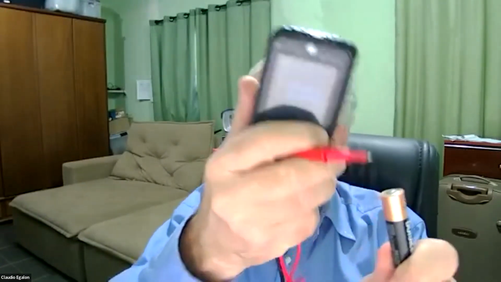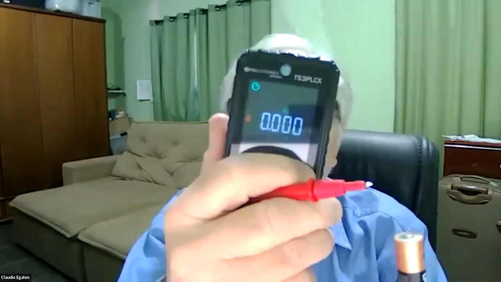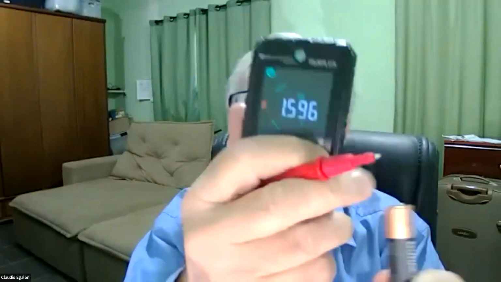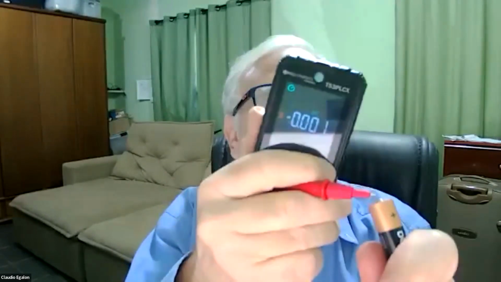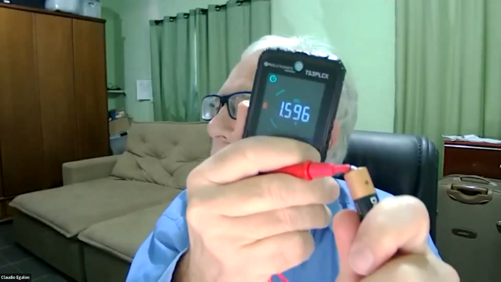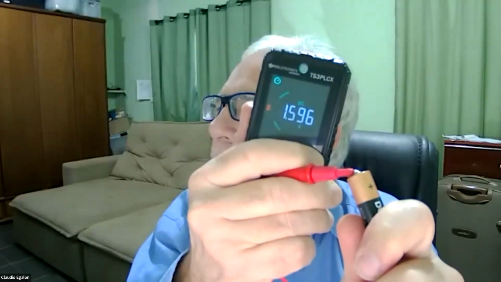In this specific measurement, you need steady hands to do this. Okay, 1592, right?